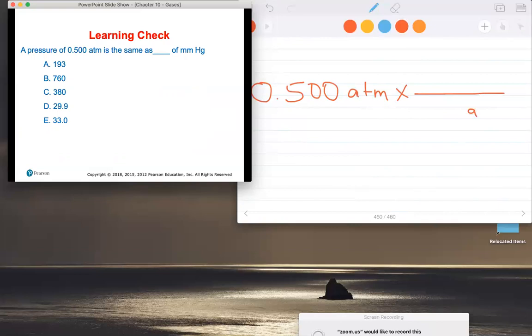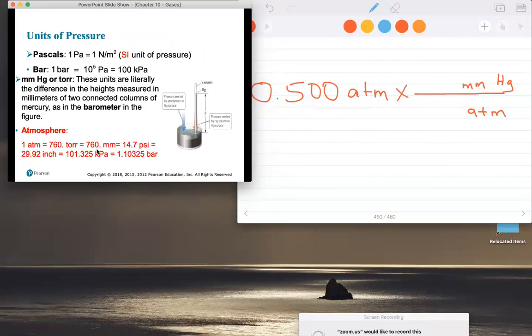You want to get rid of atmospheric pressure, and you are looking for millimeter mercury. The numbers are generated from the equivalent statement that 1 atm equals 760 millimeters mercury, and with unit cancellation you end up with that.